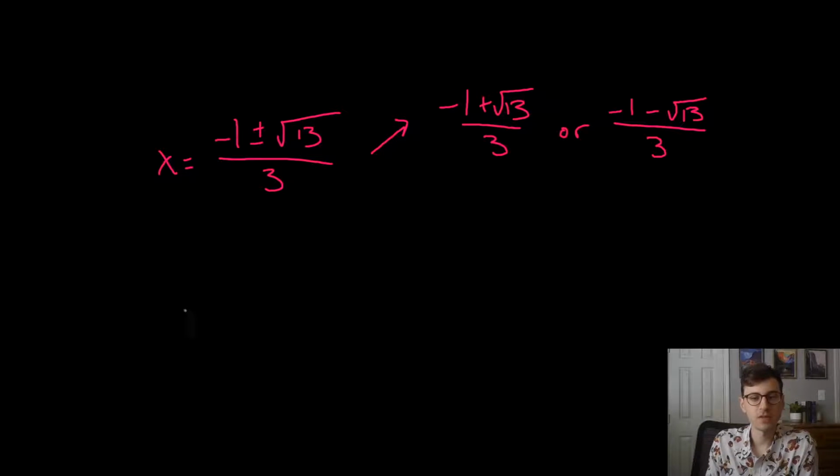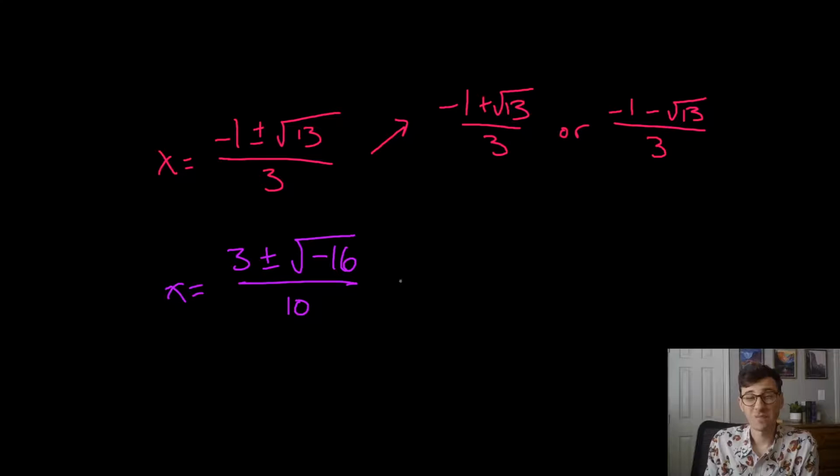Another anomaly you might see: what if we even had a positive number there? It doesn't always have to be negative. It could be 3 plus or minus the square root of, what if we had negative 16? Okay. Square numbers are never negative, right?